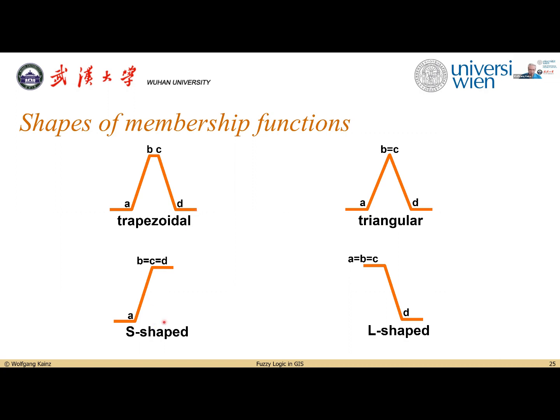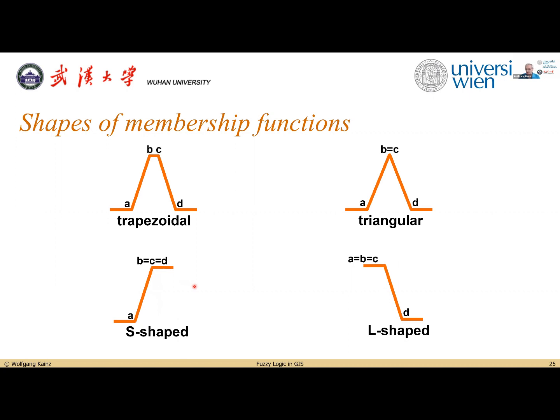An S-shaped membership function will be used in such situations where we say the higher the value of our elements, the higher the degree of membership should be. So if we go here to the right, the higher the value, also the higher the degree of membership.